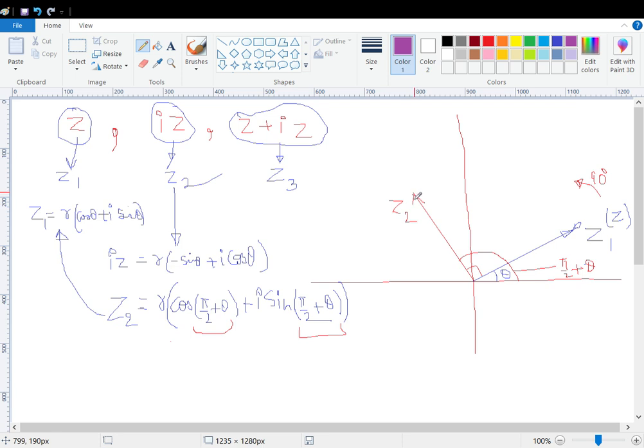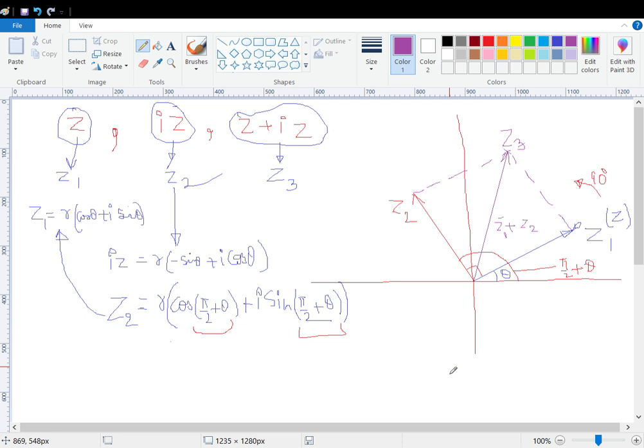For finding out the resultant, the simple thing which we do is, यहाँ से आप चुपचाप क्या कीजिए, एक पैरेलल लाइन बनाइए ऐसे, इधर भी एक पैरेलल लाइन बनाइए ऐसे, और आपका ये आ गया Z3 वेक्टर, करेक्ट, क्योंकि Z3 वेक्टर अब आपका ये हो गया। और अब देखिए Z3 वेक्टर कितना हो गया आपका? रिजल्टेंट ऑफ Z1 एंड Z2, दैट इज नथिंग बट Z1 वेक्टर प्लस Z2 वेक्टर, विच विल बी नथिंग बट योर Z plus IZ.